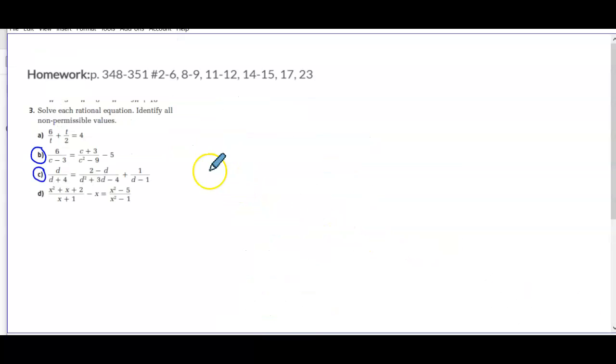Then solving rational equations. So you kind of look at the same steps, find the lowest common denominator. Actually, before we do that, let's factor all the numerators and denominators. So I'm just going to erase that for right now.